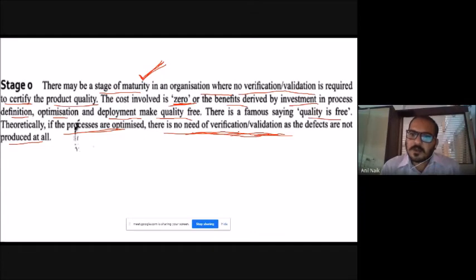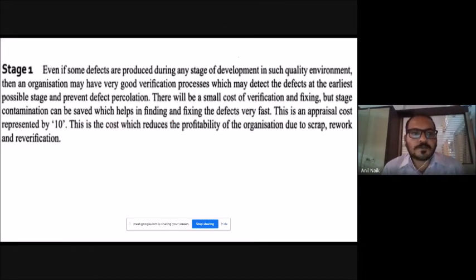If the student is not showing interest, the faculty has to spend more time taking feedback. So, if we follow the process and the process is optimized and standard, there is no need for verification and validation of defects, and the cost is zero.